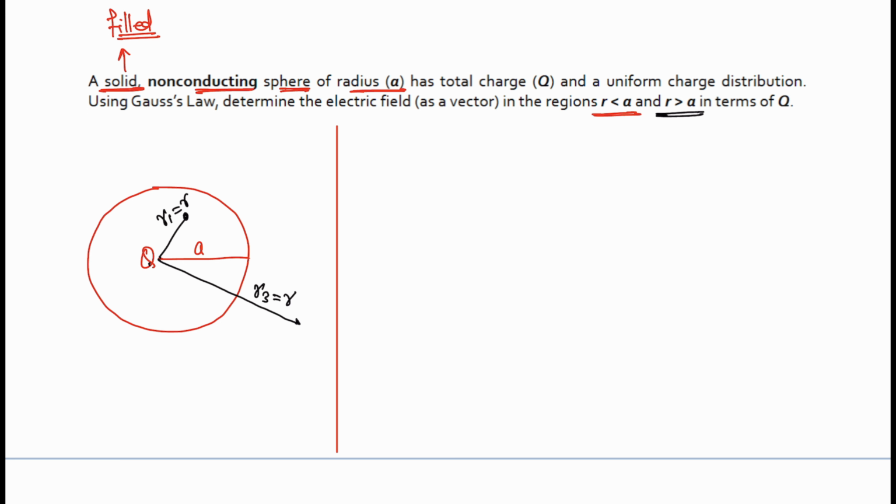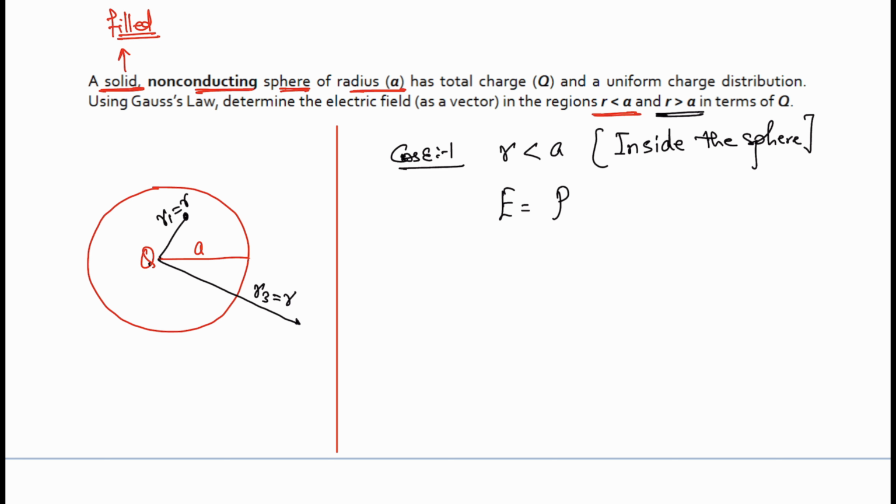So case 1: when r is less than A, it means inside the sphere. Yes or no? So you can solve it easily. We know the equation E is equal to rho r divided by 3 epsilon naught. Clear? Case 2: outside.